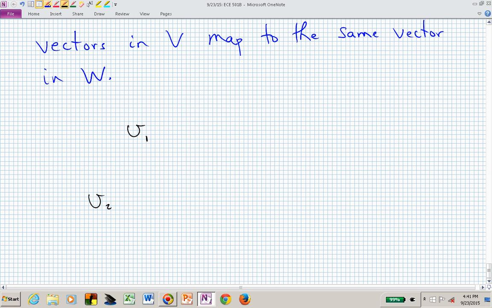What I'm saying is, if V1 and V2 differ by a linear combination of vectors in the null space of the linear map, then if we mapped V1 through T, and if we mapped V2 through T, they are both going to end up at the same point in the cloud of our codomain, capital W, which I'm representing as W1.